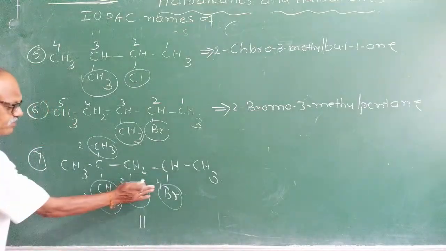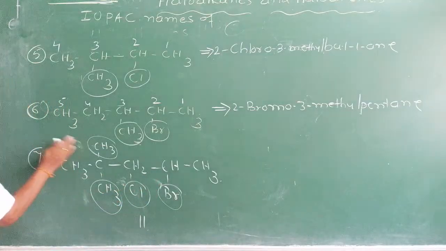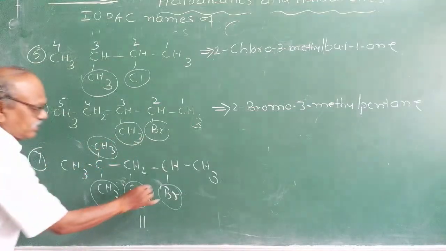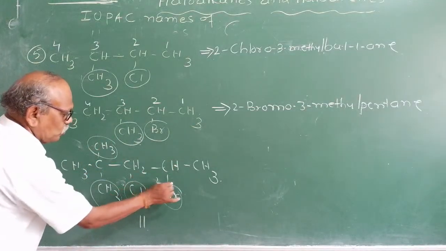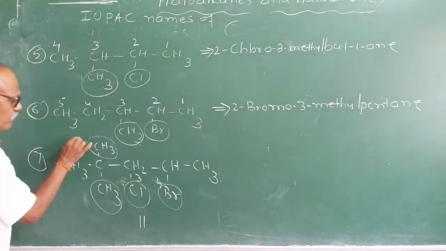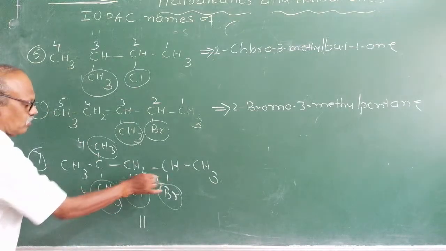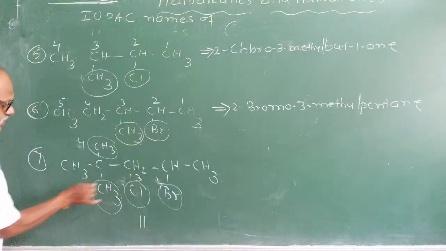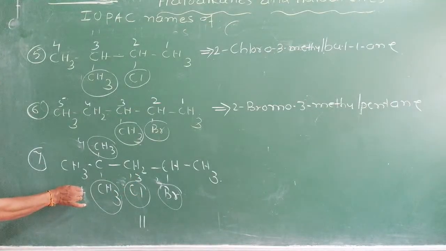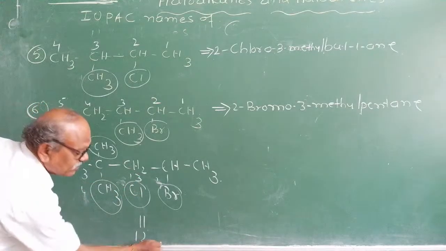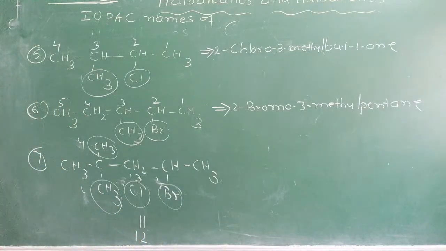Sum is 11. If you start from right to left, it will be 2, 3, 4, 4. 3 plus 1, 4. 4 plus 4, 8. 8 plus 4, 12. Sum is highest.